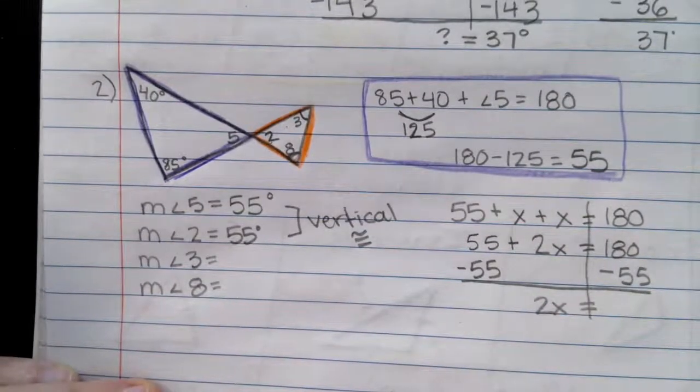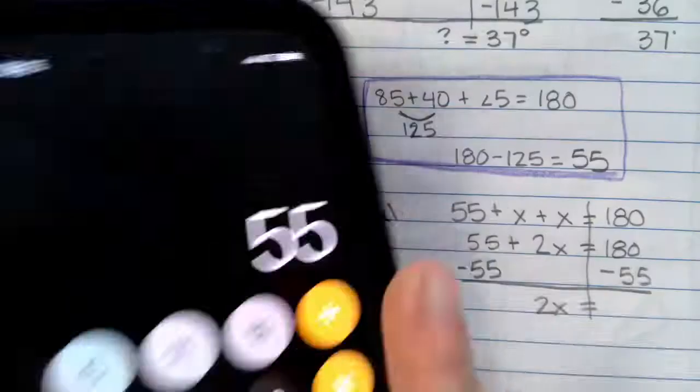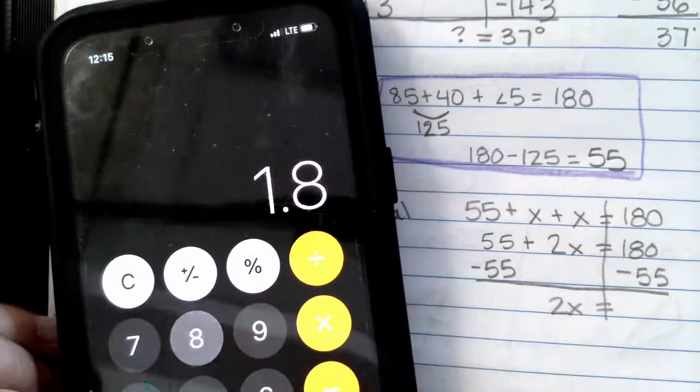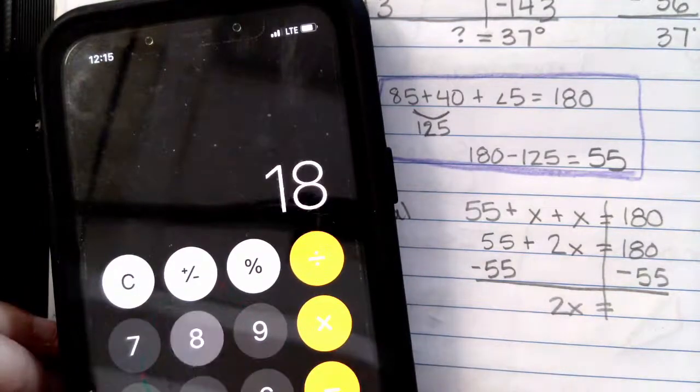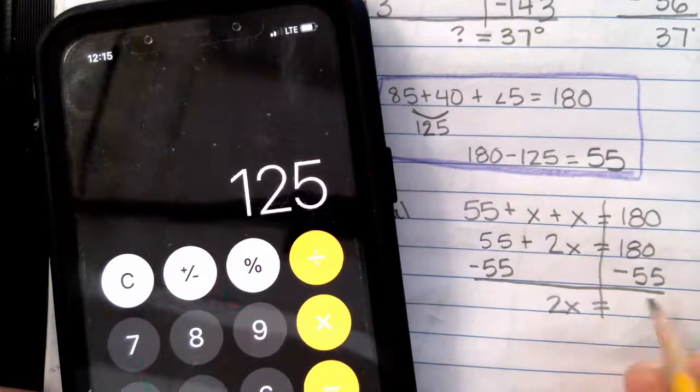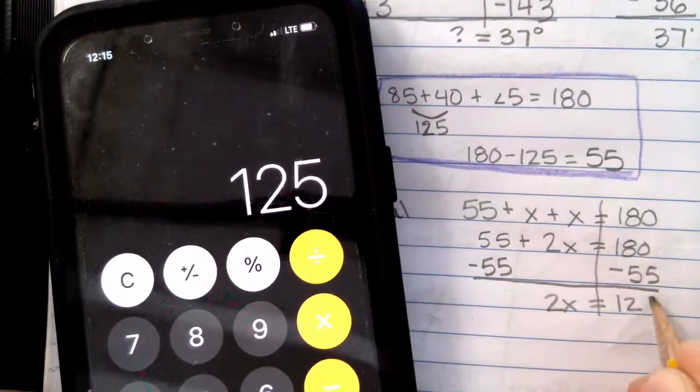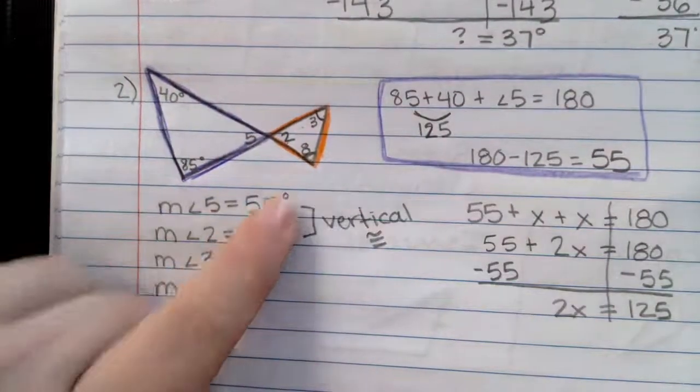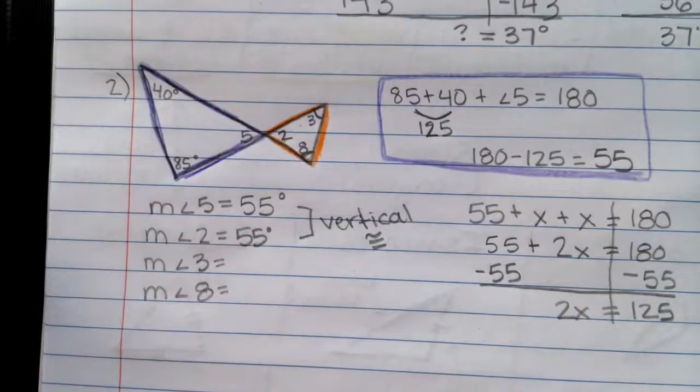Now we know that that's between both those angles, so we need to take that 125 and split it up into two parts, which is really similar to this. How do I undo a multiplying by 2? Divide. If we do it on one side, we do it on the other.